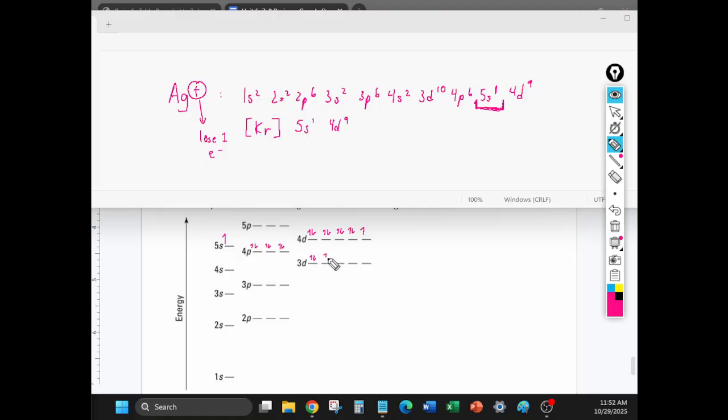And that's it, guys. That's going to be the electron configuration chart and the writing it out. Just make sure everybody is paired underneath. And again, since it's Ag plus, you take off an electron, so you took off one electron from the 5s subshell right there.